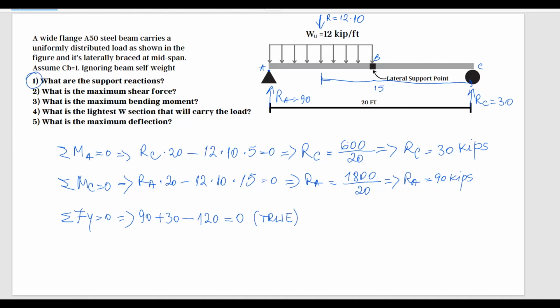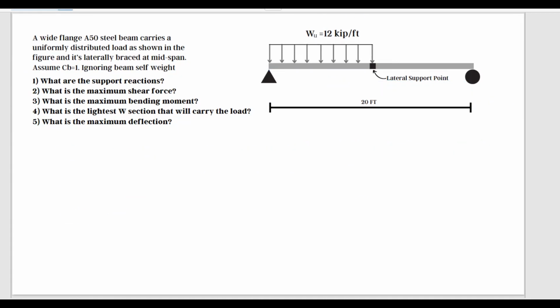Next, we're going to find out the maximum shear. To find the maximum shear, we're going to have to draw the shear diagram. And to draw the shear diagram, I'm going to need my reactions here. So RA was equal to 90 kips.